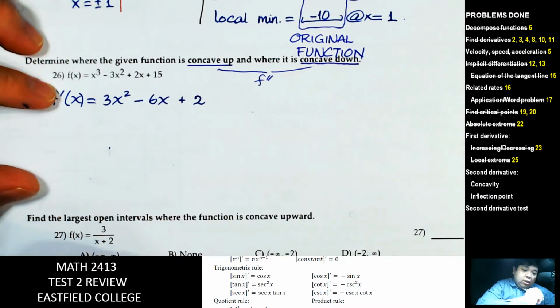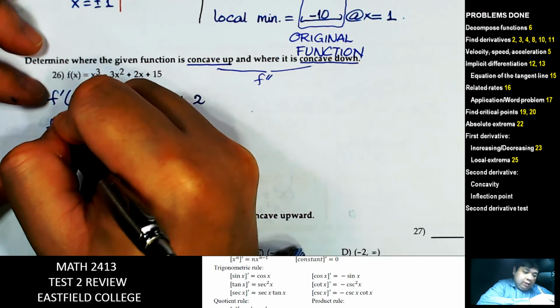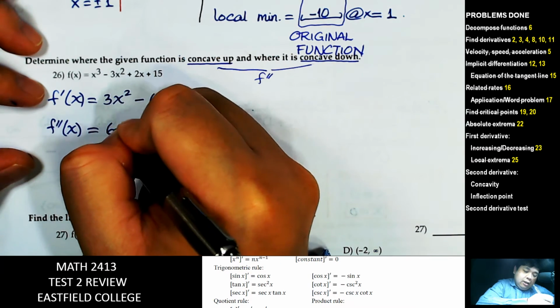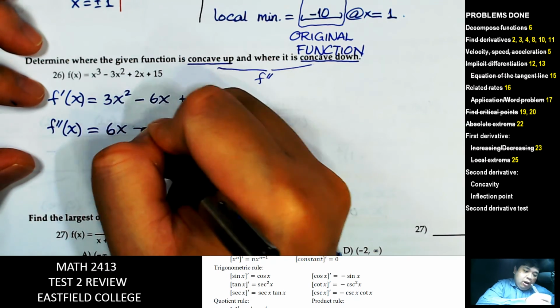Right. And then we take the second derivative, 6x minus 6.